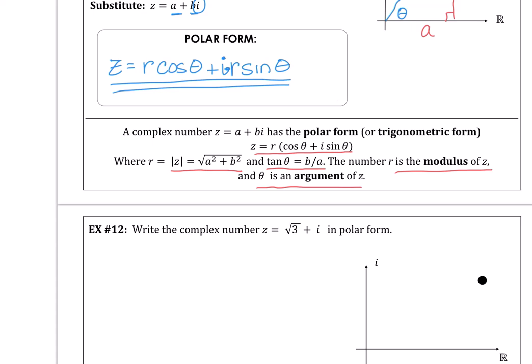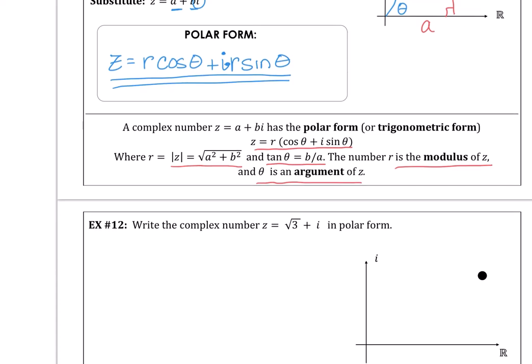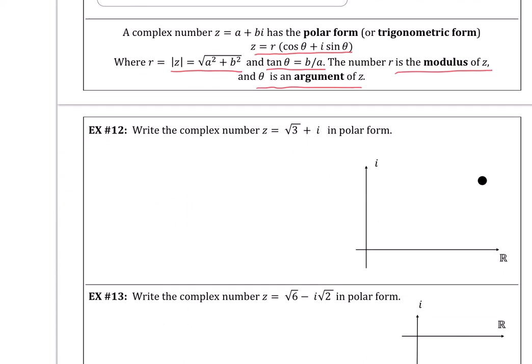Write the complex number z equals radical 3 plus i in polar form. So that should be fairly easy. We know a is the real number part. That real number part is radical 3.